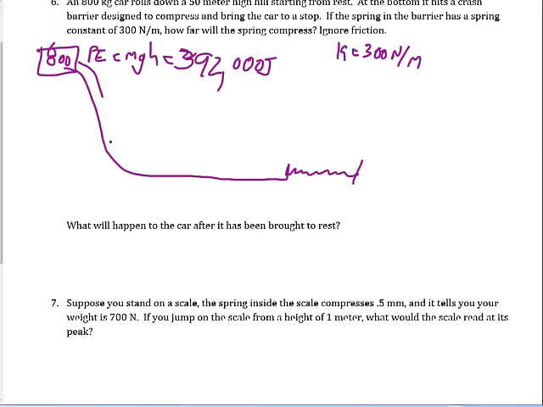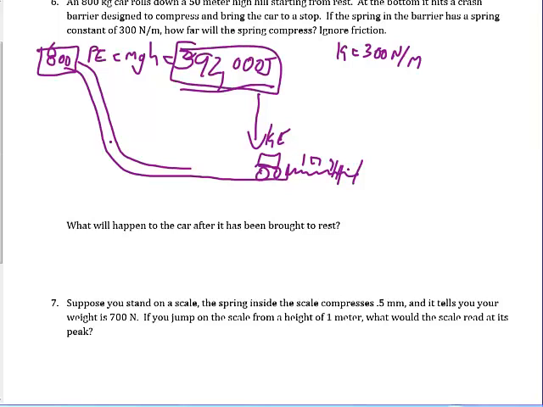Now, as it comes down that hill, that potential energy is converted into kinetic energy, right? And so when it gets down here, it's moving, and it has 392,000 joules of kinetic energy, no potential energy left. But then it hits the spring, and the spring compresses, right? Because it's taking this 392,000 joules of kinetic energy and converting it into elastic potential energy, EPE.